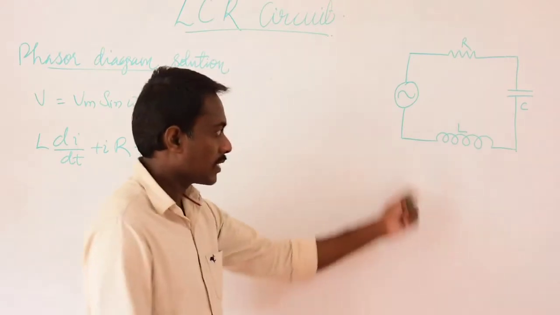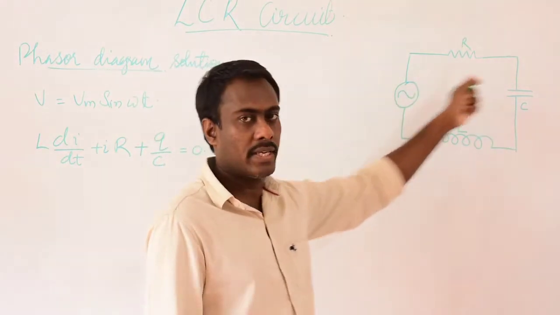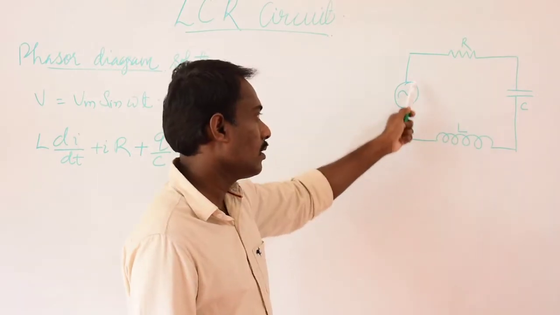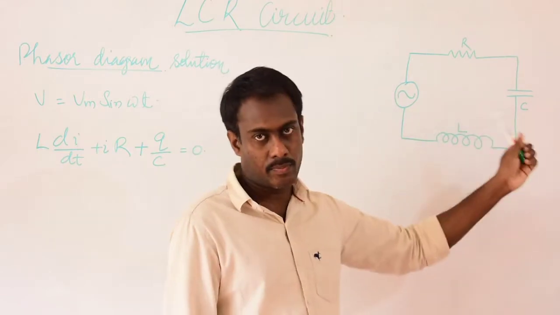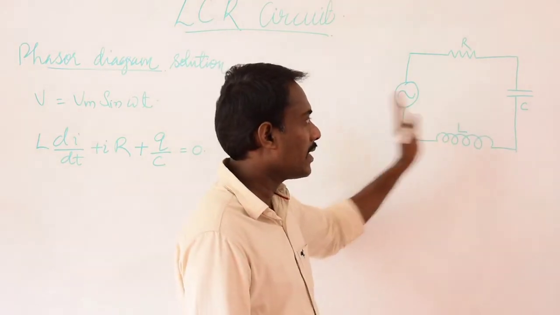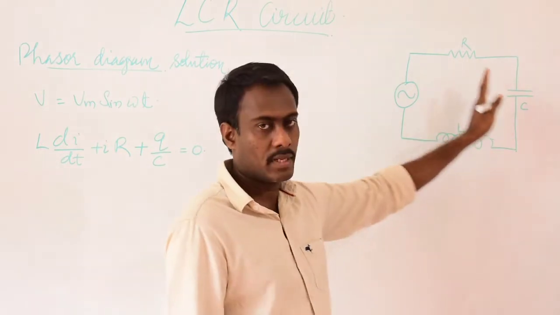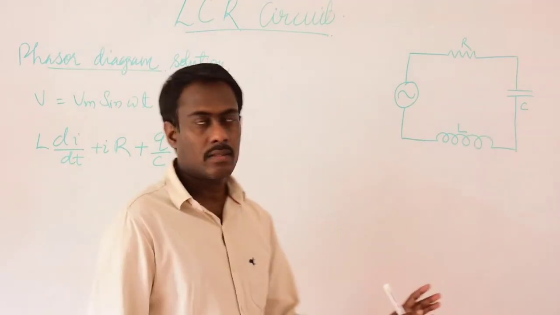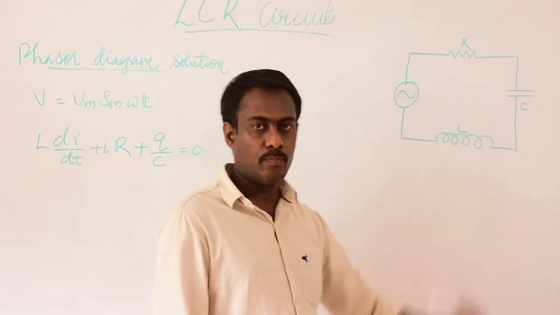As we see in the figure, the resistor, capacitor and inductor are all connected in series with the alternating voltage. Since they are connected in series, the current at any time is the same through all components of this circuit. They have the same amplitude and the same phase.